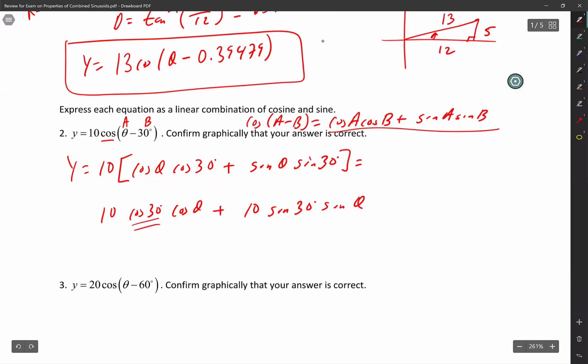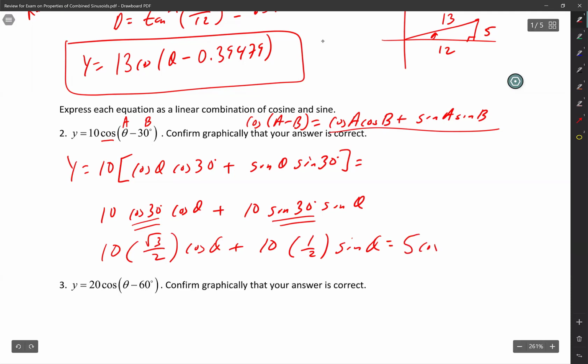And then just tell me what cosine and sine of 30 are. So 10 cosine of 30 is square root of 3 over 2. Plus 10 sine of 30 is a half. We won't penalize you if you round, but I would prefer a perfect answer, guys. So what's a perfect answer? 5 square root of 3 cosine theta plus 5 sine theta.